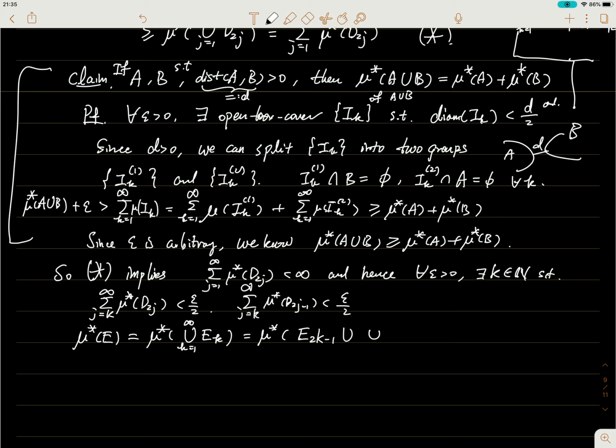So I have the sum over j from capital K to infinity of D2j, and I also have the sum over j from capital K to infinity of D2j minus 1, starting at 2K plus 1.